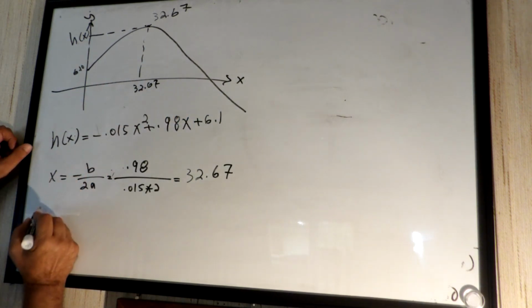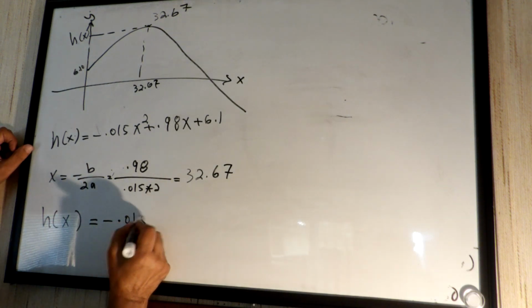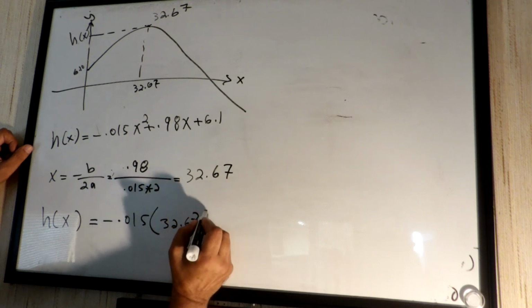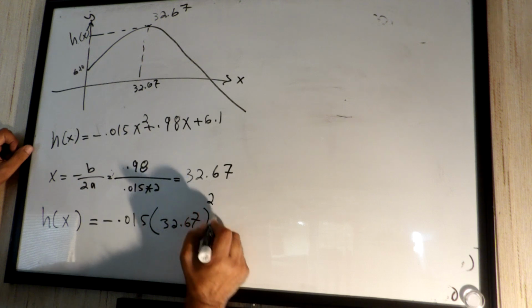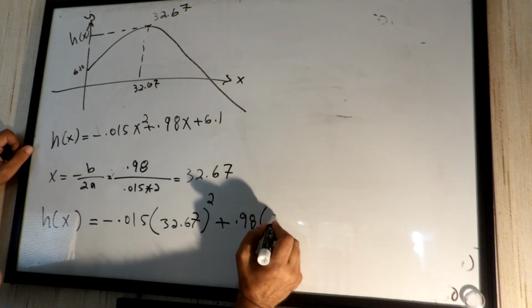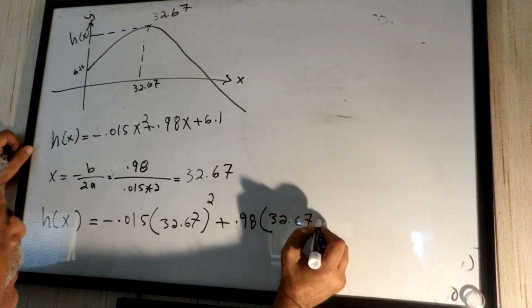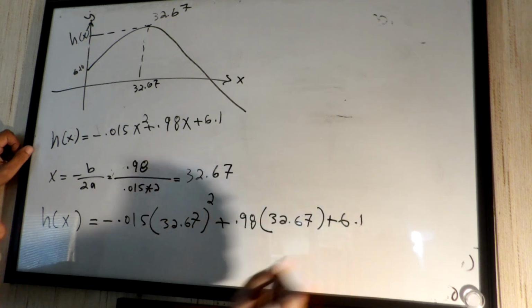So you put minus 0.015 times x, which is 32.67, to the power of 2, plus 0.98 times 32.67, plus 6.1.